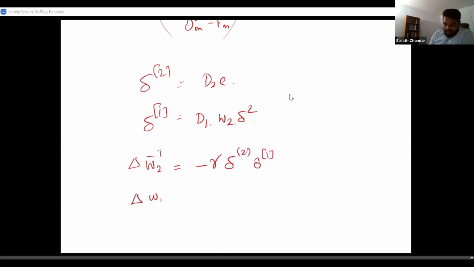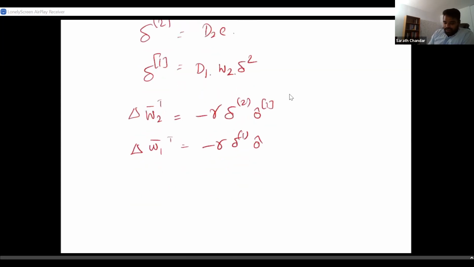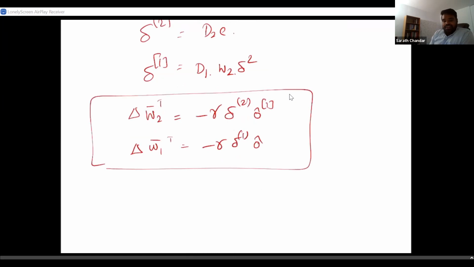Similarly, the gradient with respect to W1 is given by minus gamma times del1 with respect to the input O. Now you can see that the entire gradient is computed by using either a vector-matrix operation, a matrix-vector operation, or a vector-vector multiplication. It is just one of these three multiplications, right?